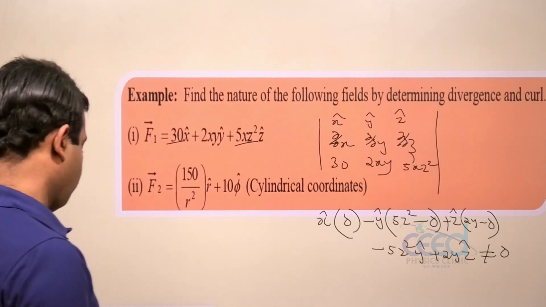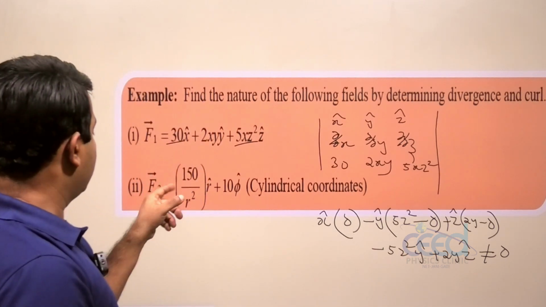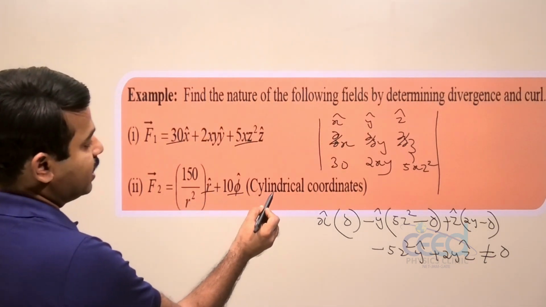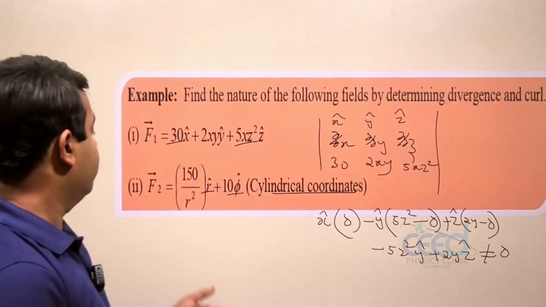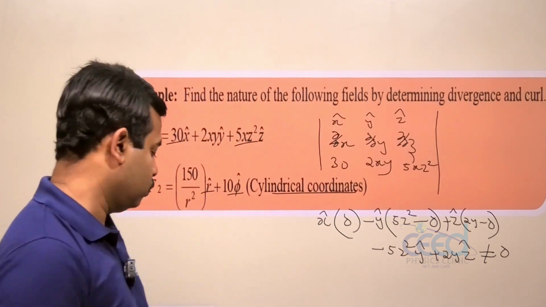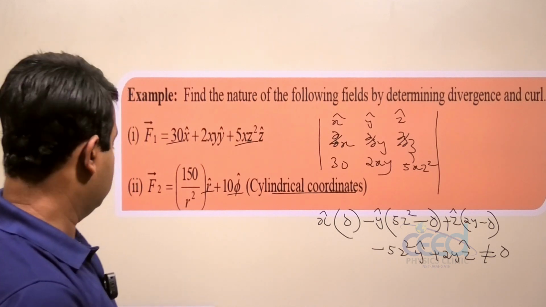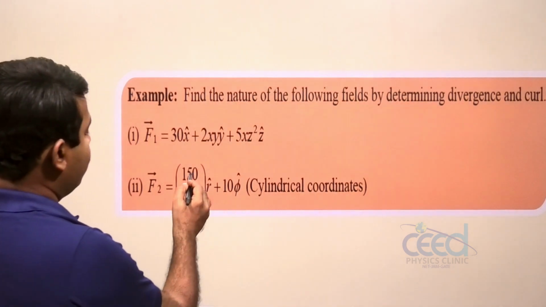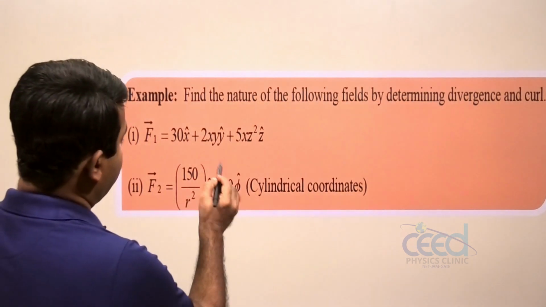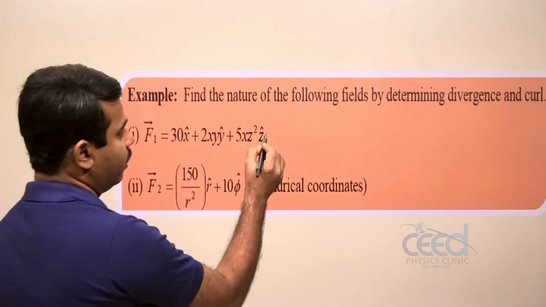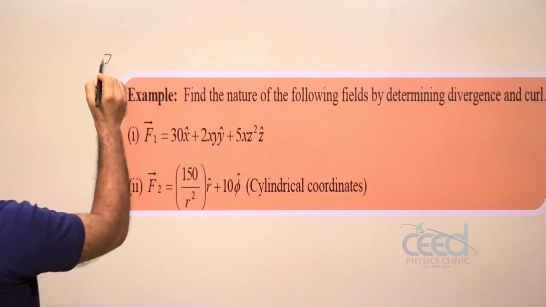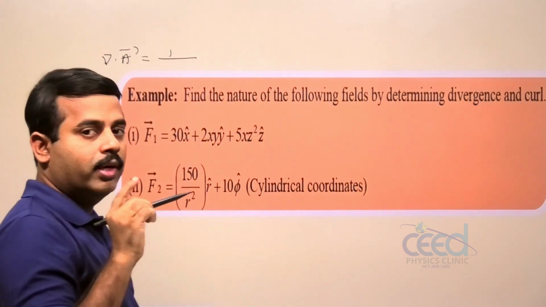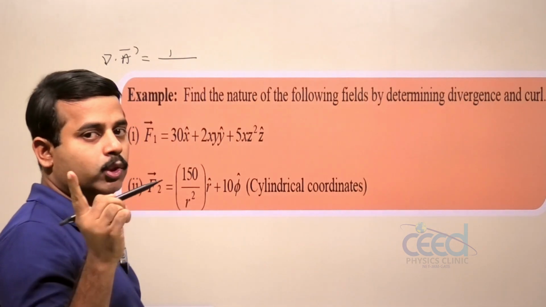Alright? Understood. Now, in cylindrical polar coordinates, with r cap, phi cap, one field is given. What is its nature? See, so 150 by r square r cap and 10 phi cap. First we can find the divergence. How do we find a divergence? Divergence of A is equal to, in cylindrical coordinates, 1 by h1 h2 h3.